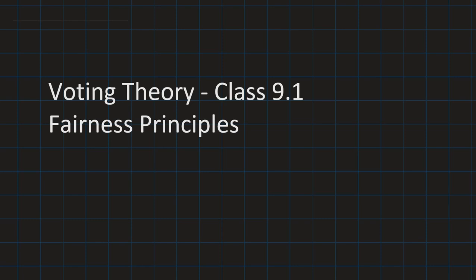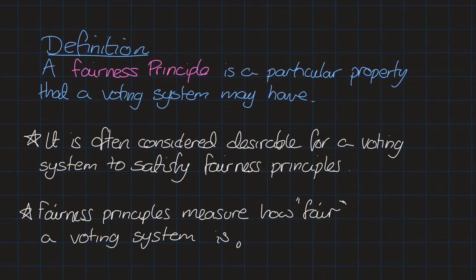You may think that you have some sort of intuitive notion of what fair or democratic means, but trying to write a mathematically precise definition of what a fair voting system is or what a democratic voting system is basically impossible. Okay? So instead, what mathematicians and political scientists and economists have done is they've created many fairness principles. And a fairness principle is sort of just like a precise mathematical property which they want the voting system to have. Okay? Let's move on to the definition and some examples.